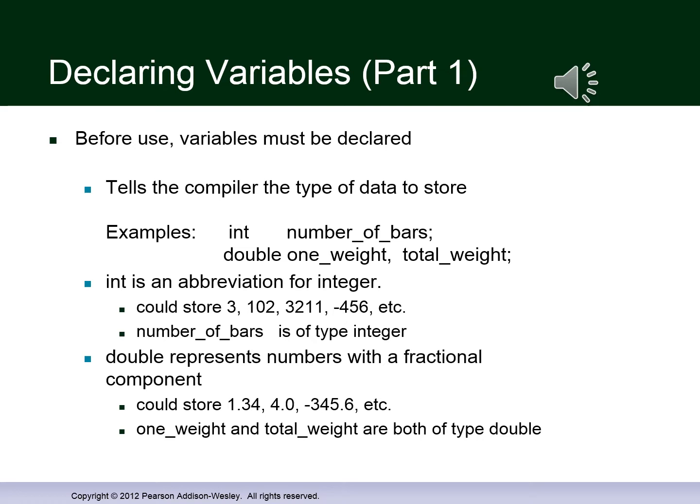It also stores negative numbers, minus 456, etc. Double represents a number with a fractional component. It could store 1.34, minus 345.6, etc. And in the program we just looked at, the double variables declared were one weight and total weight.